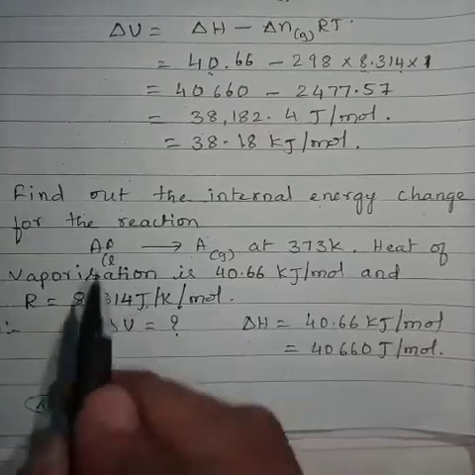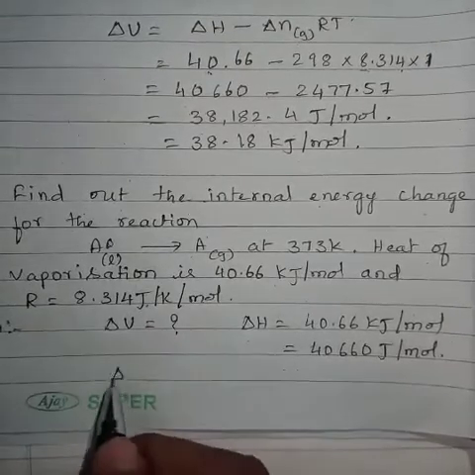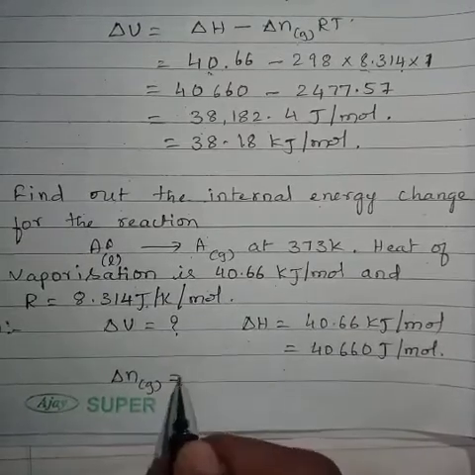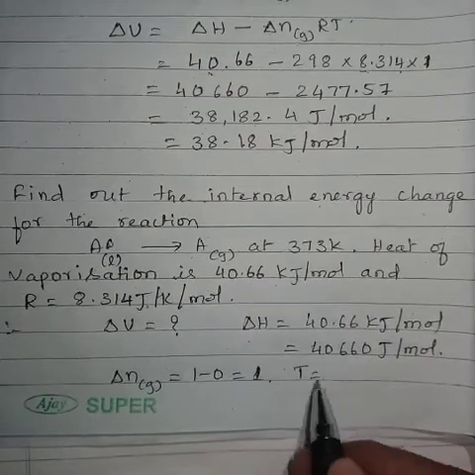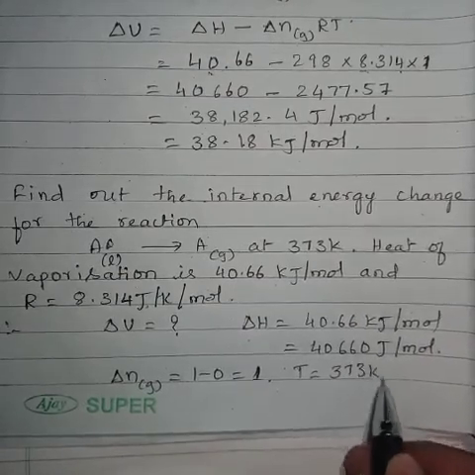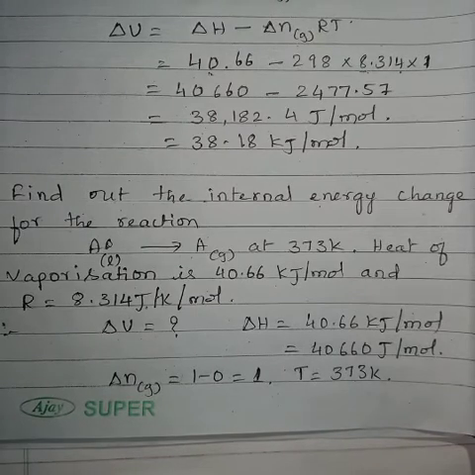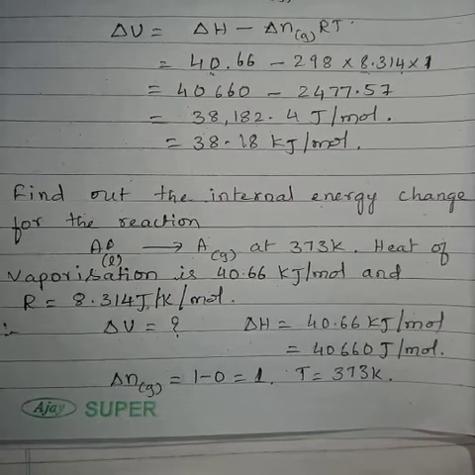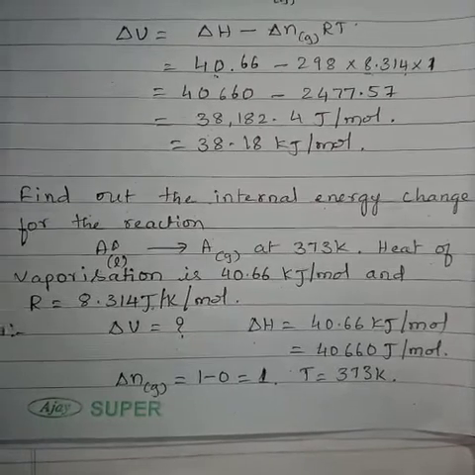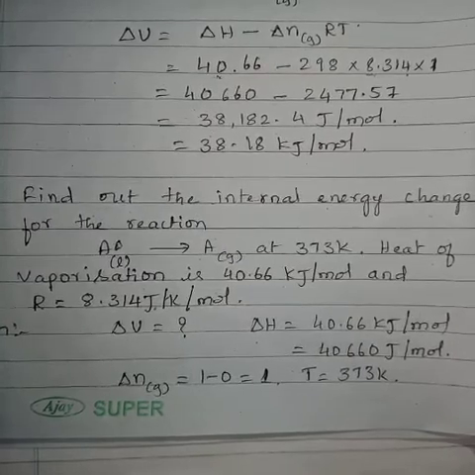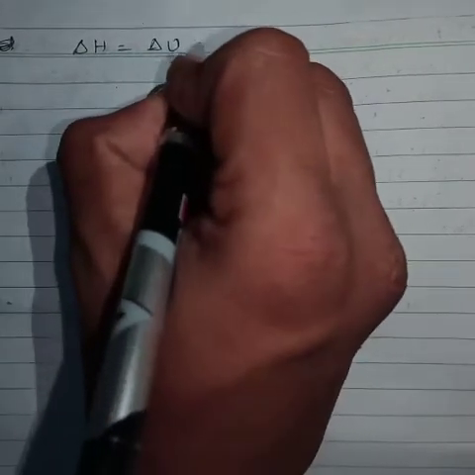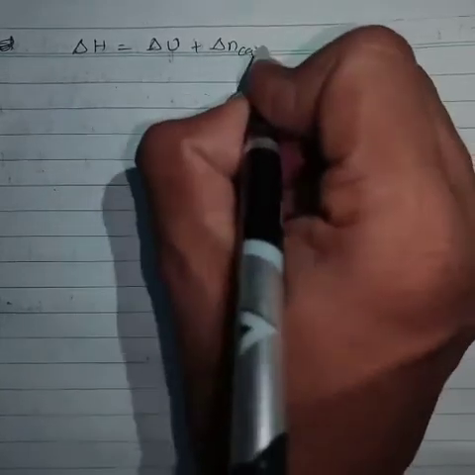Here delta Ng value is 1 minus 0, this is equal to 1. Temperature is also given, that is 373 Kelvin. By using this data we have to calculate change in internal energy, that is delta U, by using the equation delta H equals delta U plus delta Ng RT.